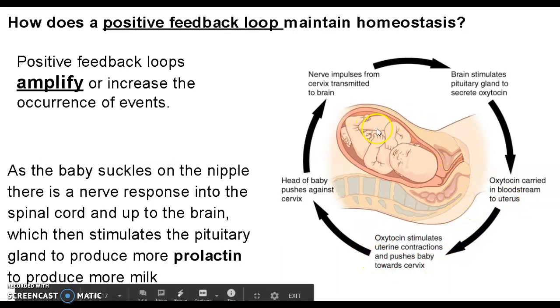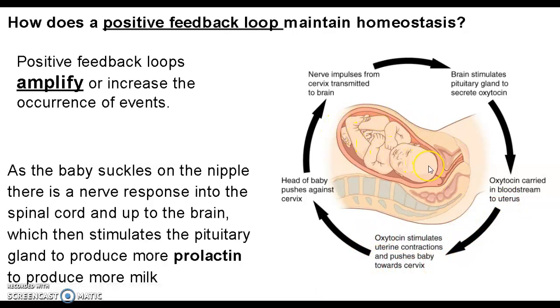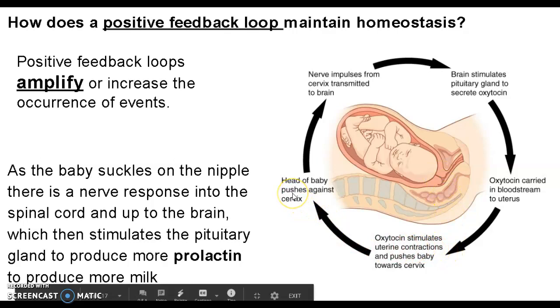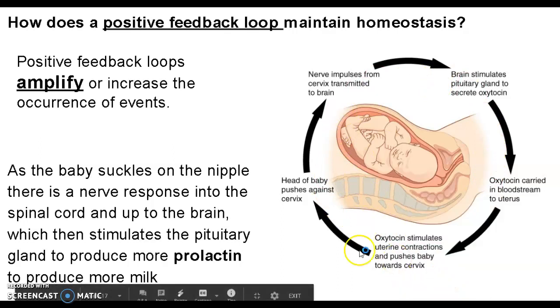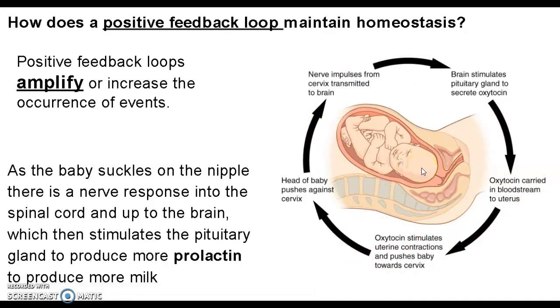As the uterus contracts, it pushes the baby's head down even more on the cervix. And so it pushes against the cervix, and then the cycle starts over and over again. And the contractions get stronger and stronger and stronger until the baby is born. Once the baby is born, there's no more baby's head pushing on the cervix, and so this feedback loop stops.